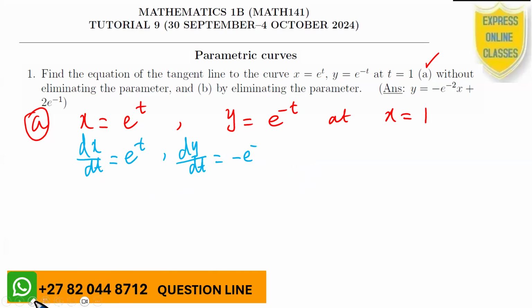Which implies that dy/dx is dy/dt times dt/dx. dy/dt is minus e to the minus t.